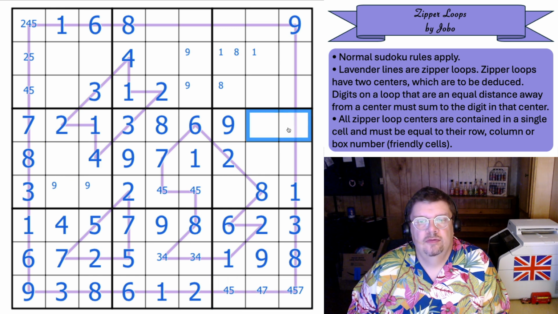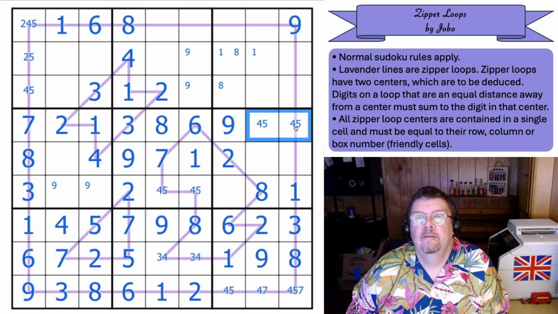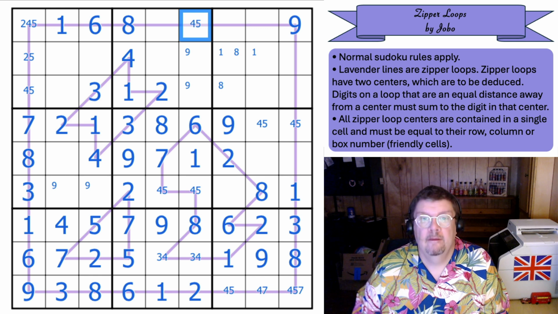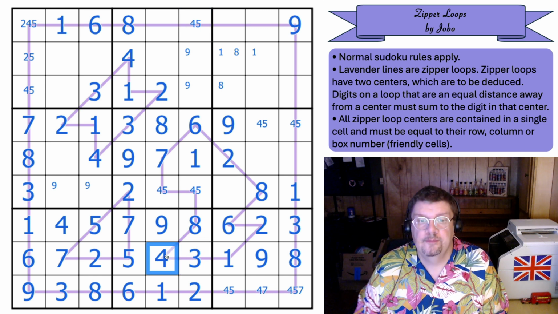These two digits are 4 and 5. So this digit is 4 or 5. That gives me a 4-5 pair in the column. That makes this 3 and this 4.